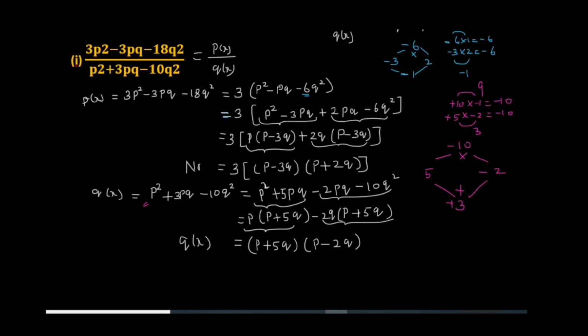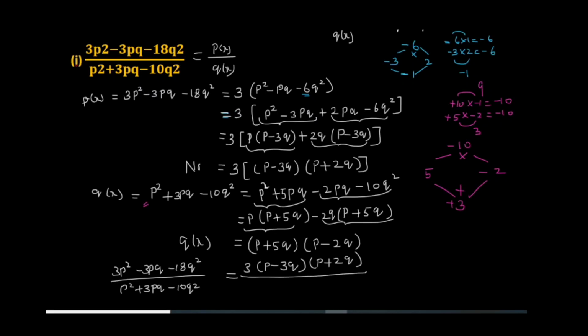Now let's see the factors. The given expression, 3p squared minus 3pq minus 18q squared divided by p squared plus 3pq minus 10q squared, is nothing but the numerator, 3 times p minus 3q into p plus 2q, divided by the denominator factors, p plus 5q into p minus 2q.